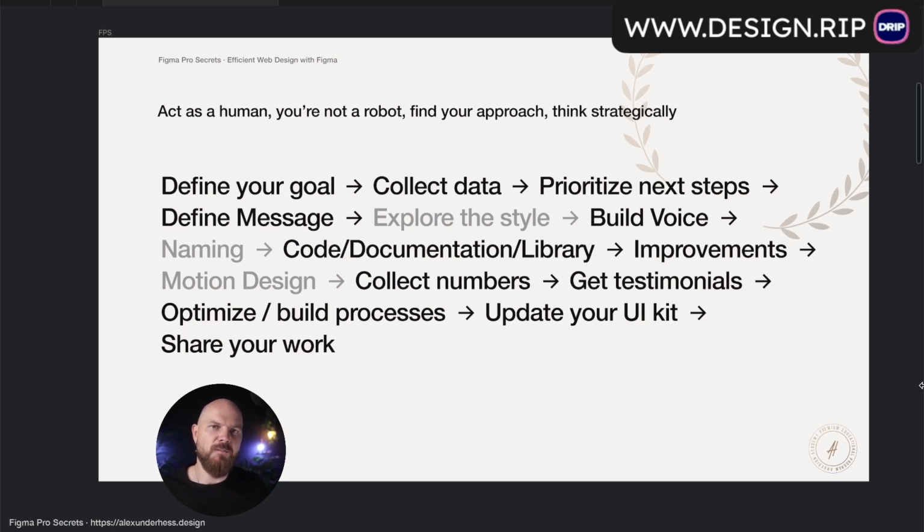And this is basically how you build the voice of your website, of the web page. This also includes storytelling that you will use. Okay, got it. The next thing is naming. Not necessary, but some people have this approach where they name all the layers while they're creating something.